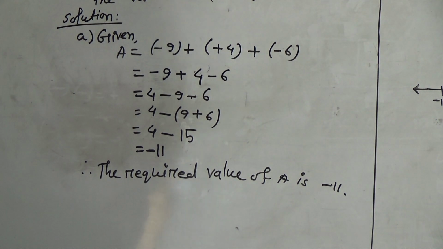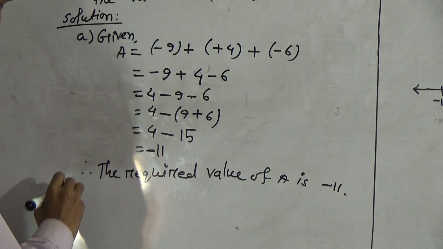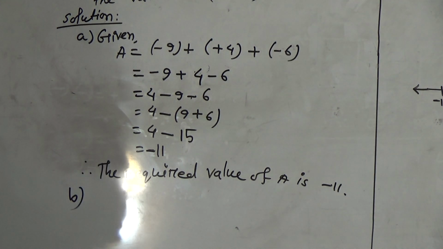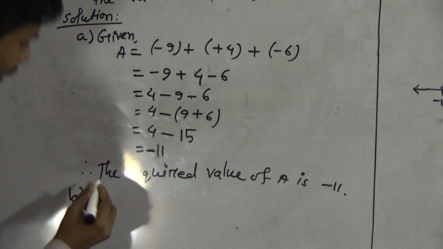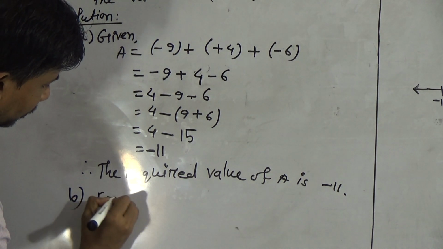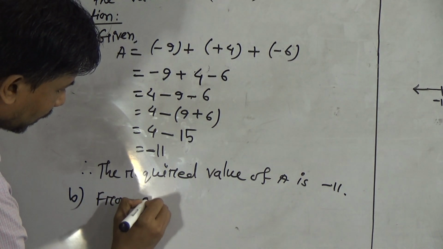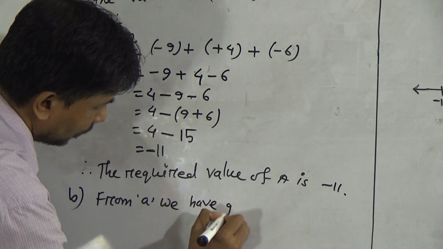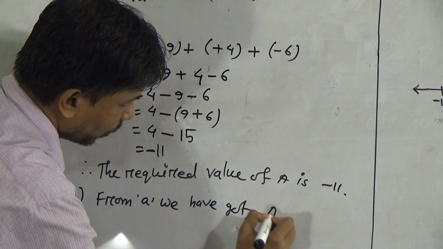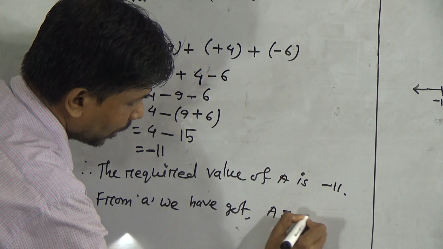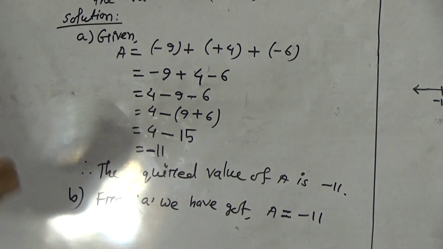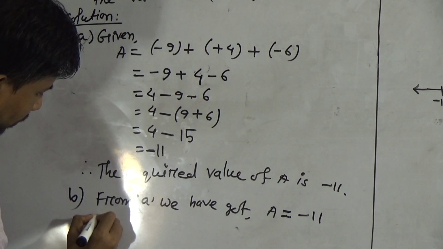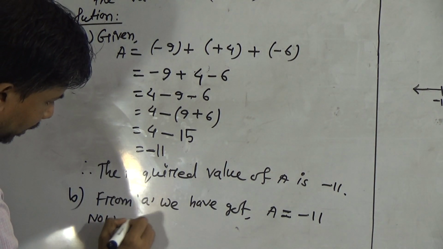Now look, B number. Show that A is less than B. From A we have got A equal to -11. Now B equal to what?